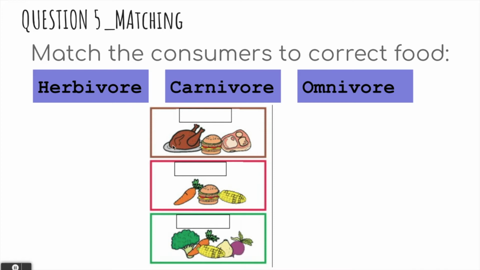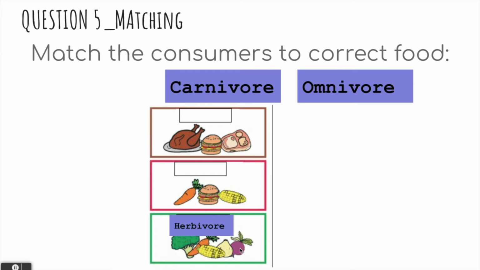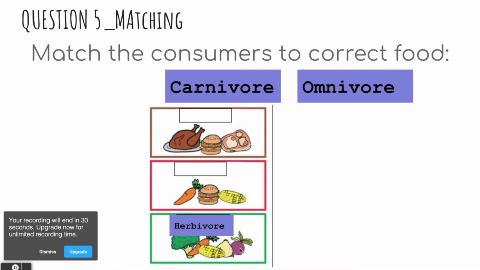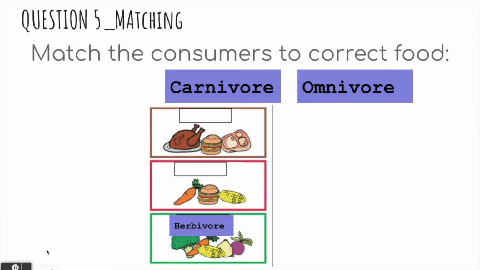Would it prefer chicken, burgers, steak? Would it prefer carrots, burgers, corn? Or would it prefer broccoli, carrots, corn, onions and radishes? If you said broccoli, corn, carrots, onions, and radishes for herbivore, that is correct.